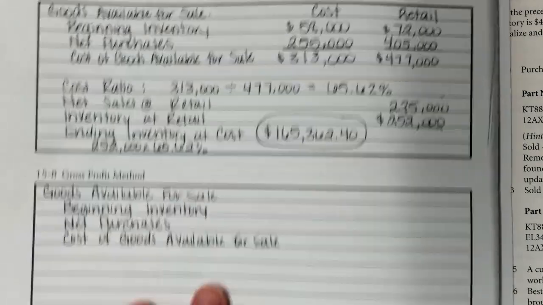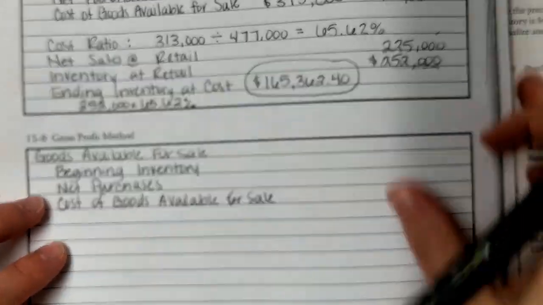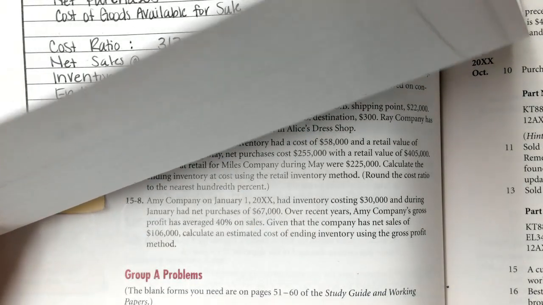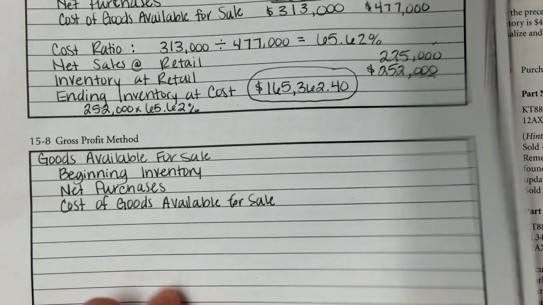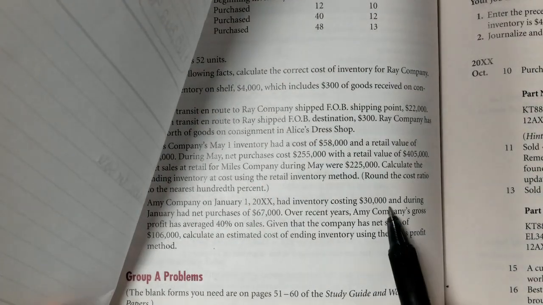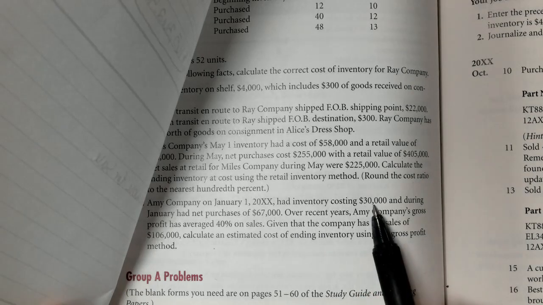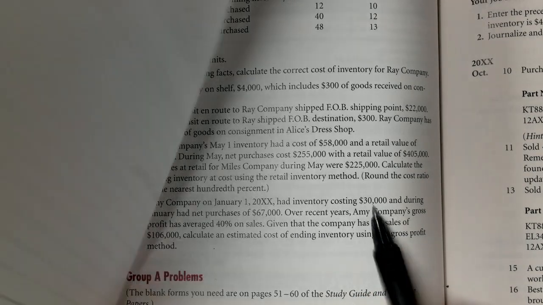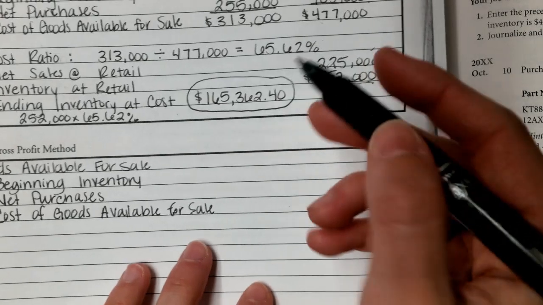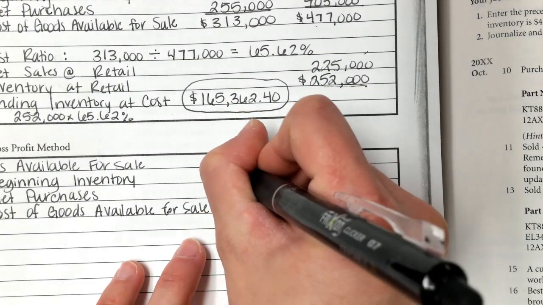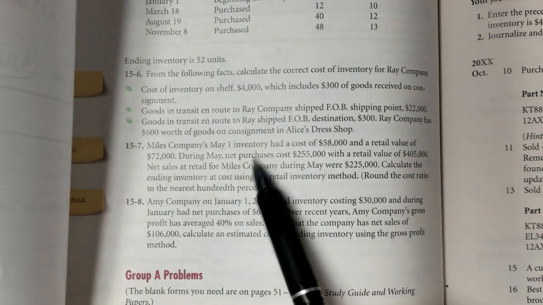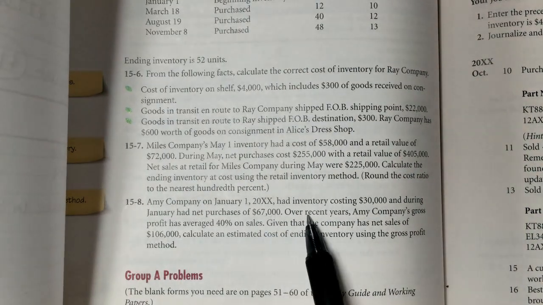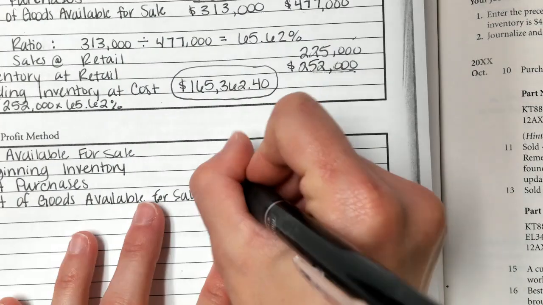Okay, so your 4 labels, oh sorry, I was off the page, off the screen. And we can fill in the information we have. So the difference here is that we aren't going to have it at cost and at retail. At this point, we only have it at cost, I believe. Yeah. Okay, started with 30,000. Purchased 67,000.